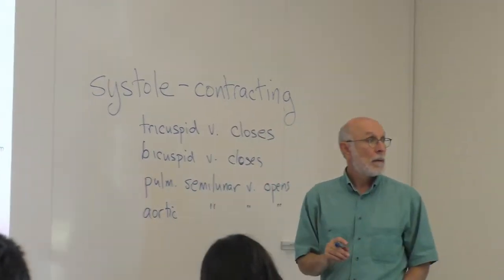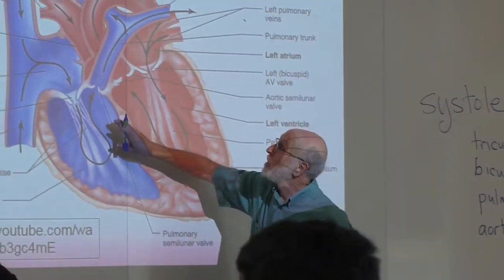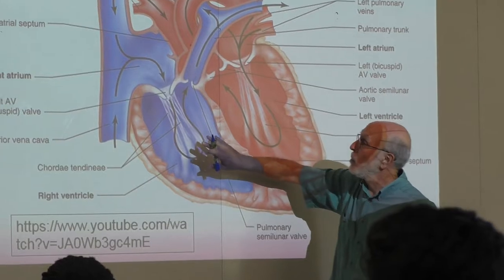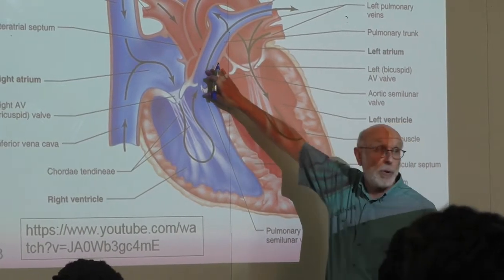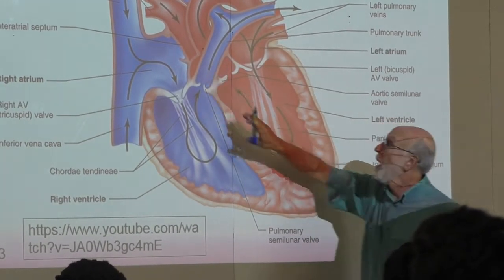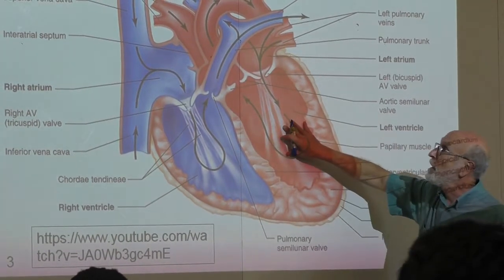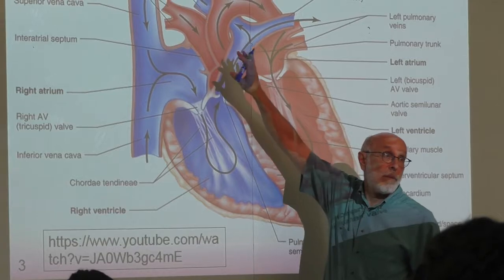Yes? Is the aortic, is that on the left side? The aortic is on the aorta, so that's on the left side. Yep. Okay. So this is the pulmonary semilunar valve right here between the right ventricle and the pulmonary artery. And this is the aortic semilunar valve between the left ventricle and the aorta.